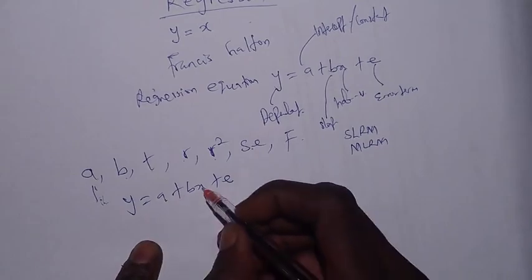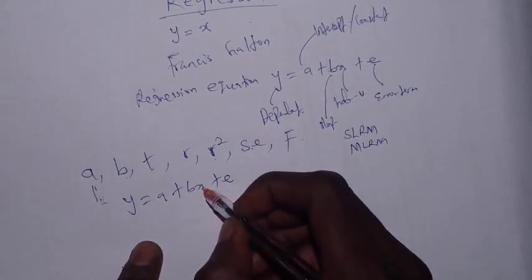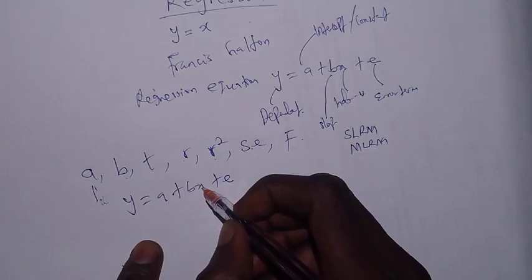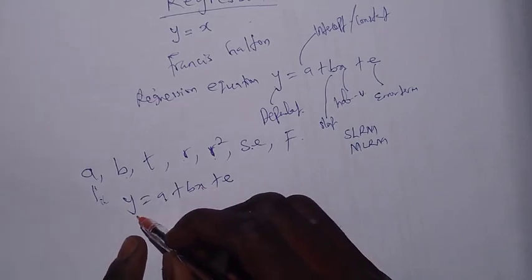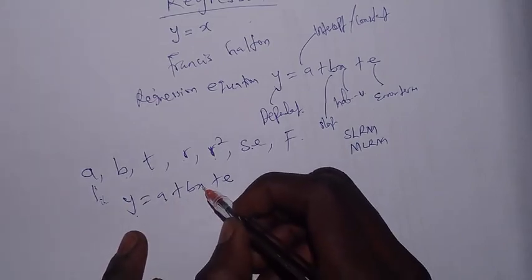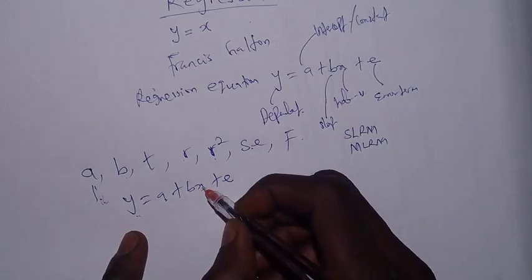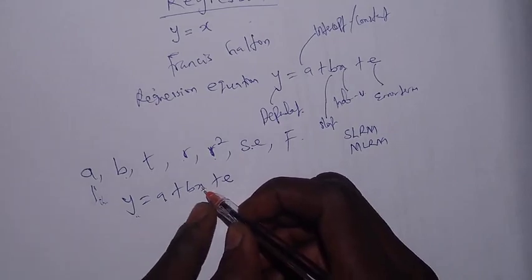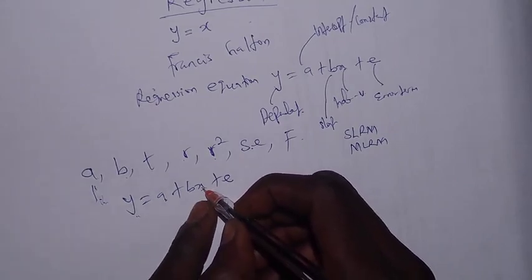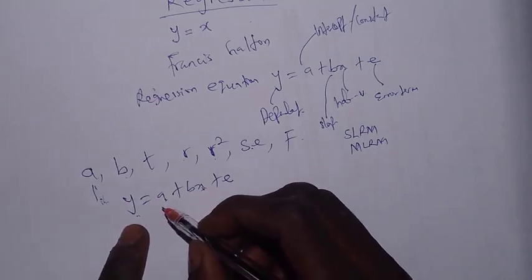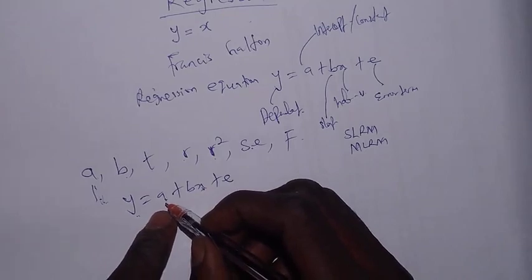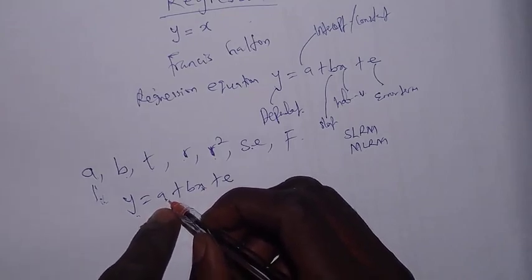For example, if x, our independent variable in a simple linear regression model, let's say x is 0. If talking about yield per hectare as dependent variable, while this is fertilizer in kilogram, then when there is no fertilizer, that is when x is 0, this is the predicted value of y, which is our a constant.